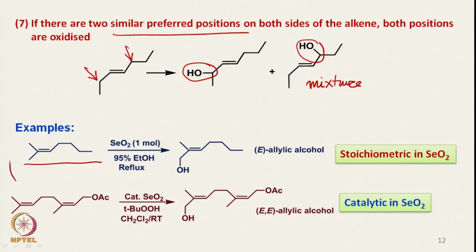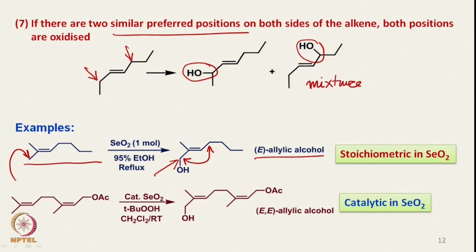So, the preferred position according to the rule number 1 takes place and the introduction of the hydroxy group occurs at this disubstituted side of the double bond, and as you can see, as I mentioned earlier, that it is trans to the other side of the double bond, and one gets E allylic alcohol.